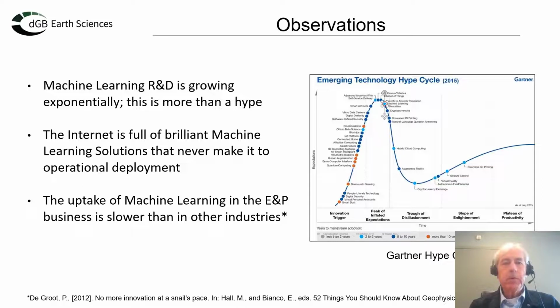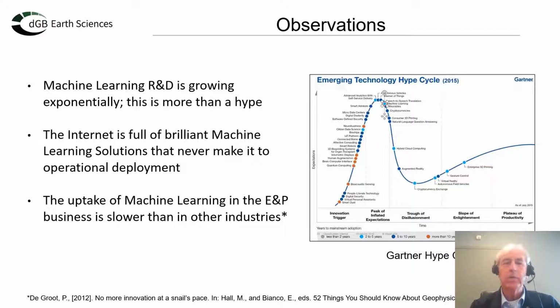I trust most people know this curve, which is called the Gartner hype cycle, which gives a curve on the expectation versus time of an innovation. Something triggers the innovation, and then we get into a phase of high expectation where a lot of things are happening.